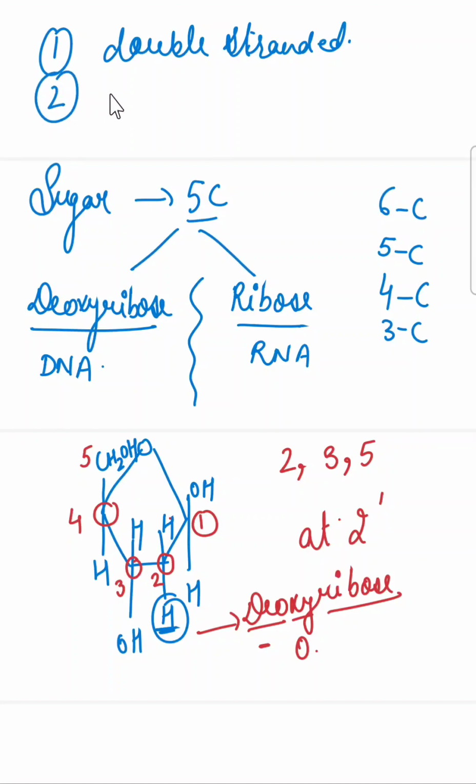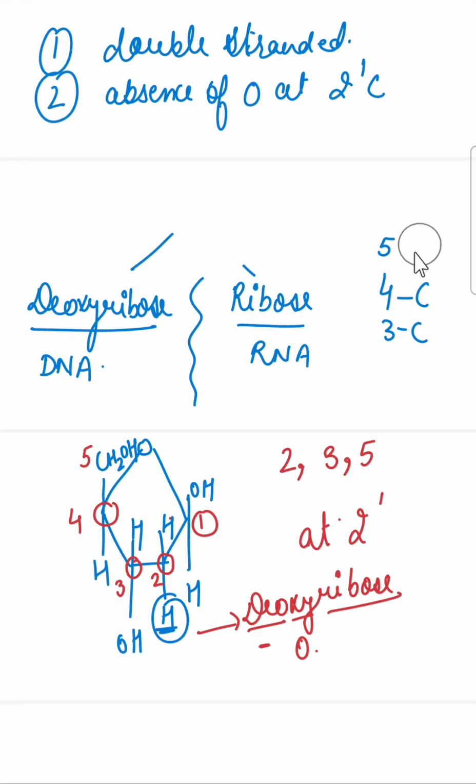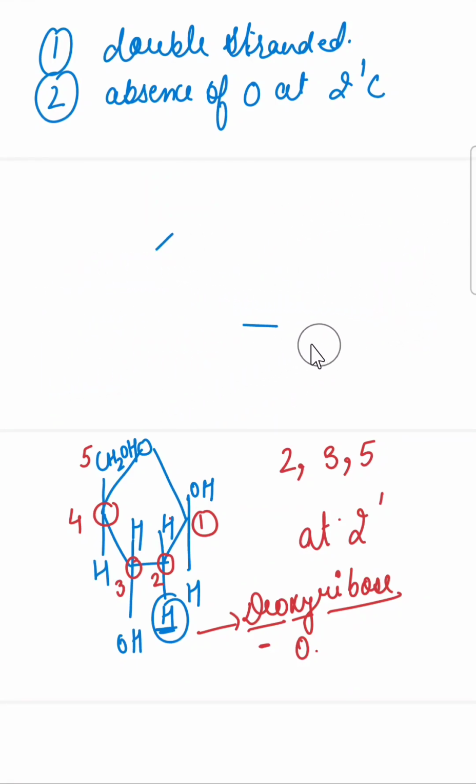Second reason for the stability is the presence, or you can say absence, of oxygen at the second carbon of the sugar. Let's find out the rest. Now nitrogenous bases. See, I already told you that we have two types of nitrogenous bases.